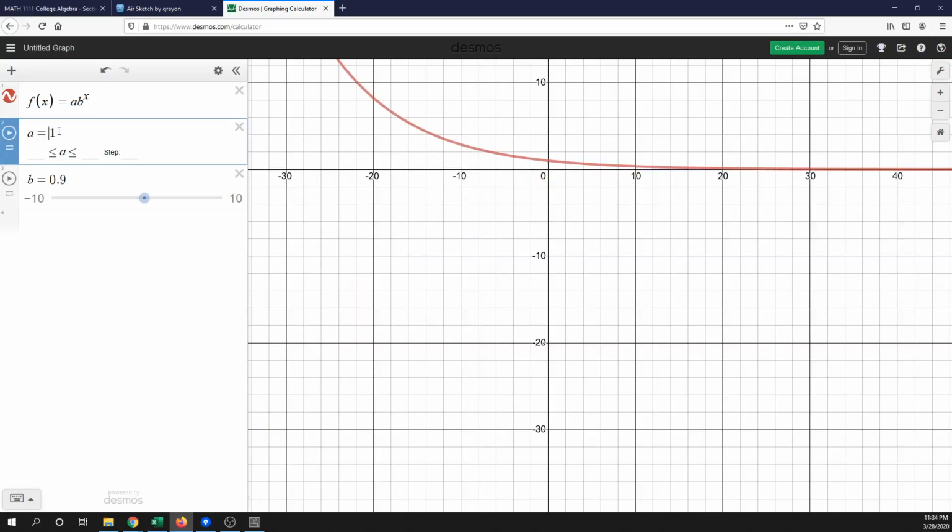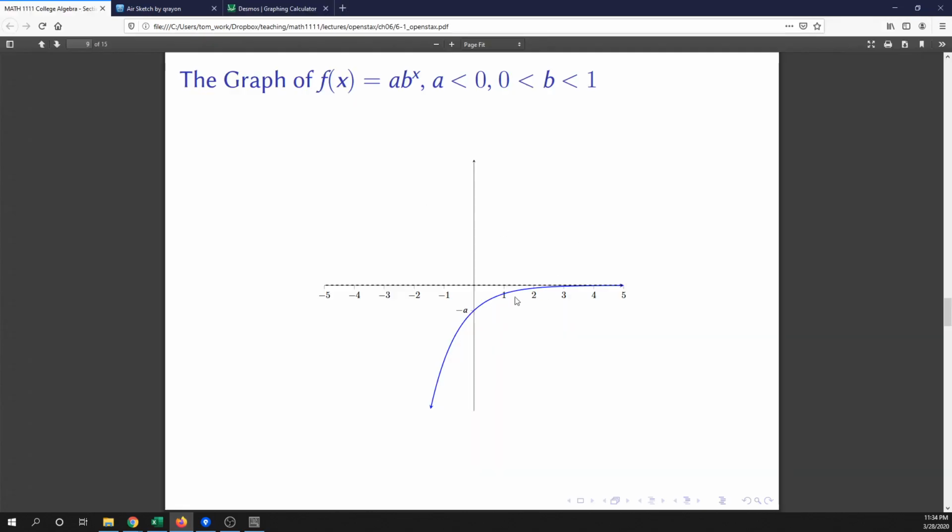Here's where the a is positive, and if the a is negative, it flips that graph right around the x-axis there. All right, so you can see they all look similar, right? They all kind of have that same shape. Again, the bigger the b is, the steeper this thing goes up or down, depending on which case you're looking at.